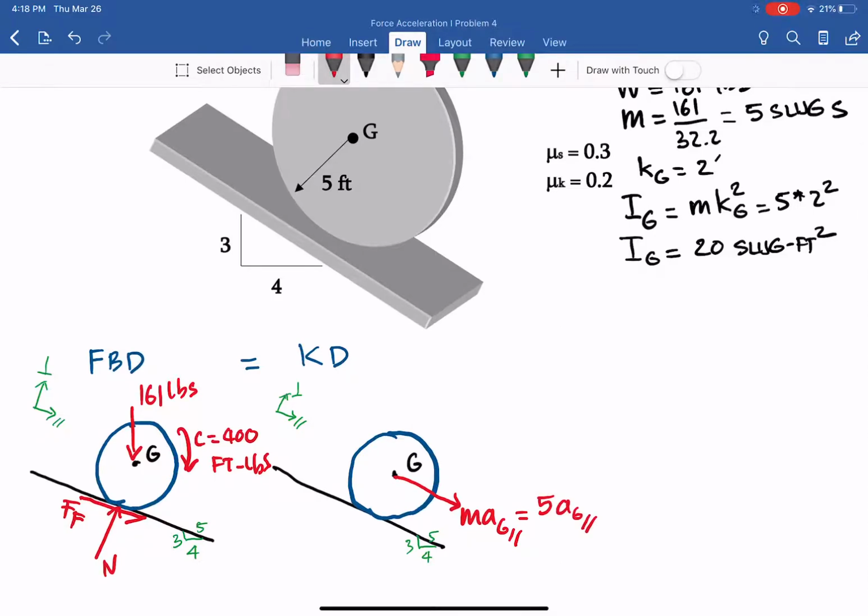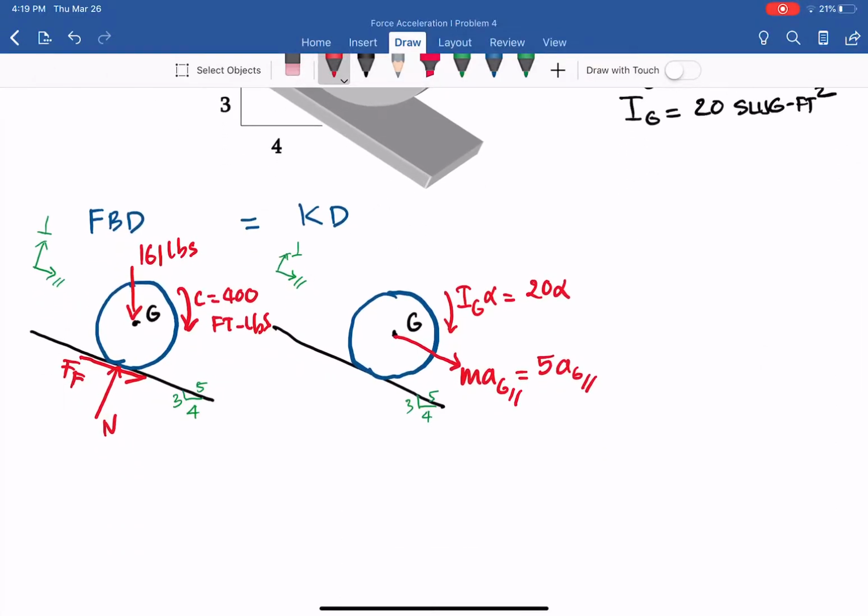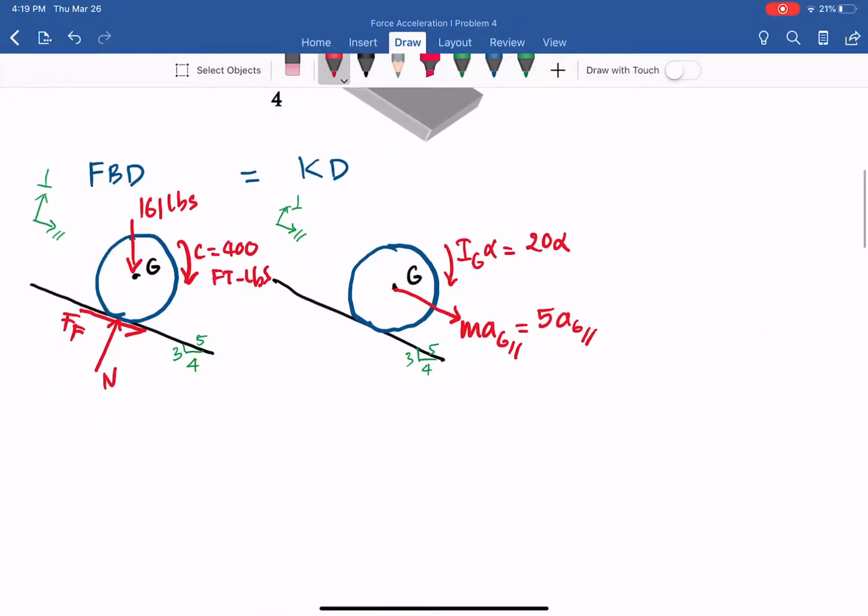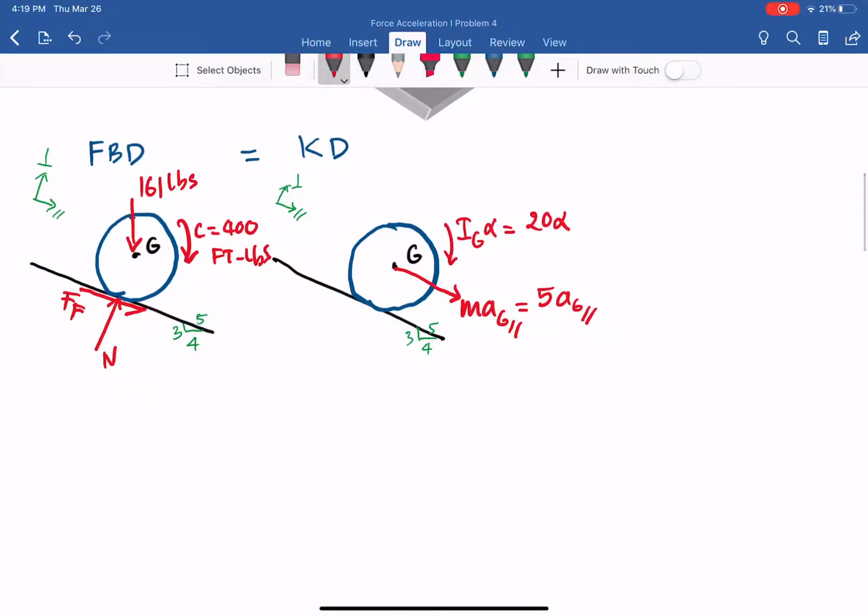G moves parallel to the inclined surface, it does not jump up and down in the perpendicular axis, so you don't have m aG in the perpendicular axis. And the drum also rotates clockwise, so you also have IG alpha, and in this case it equals 20 alpha. And those are the diagrams we have, and then we can write the equations.